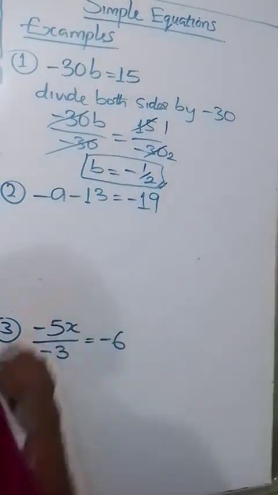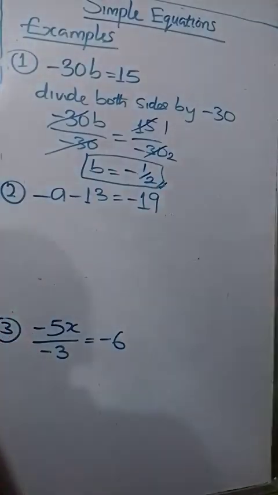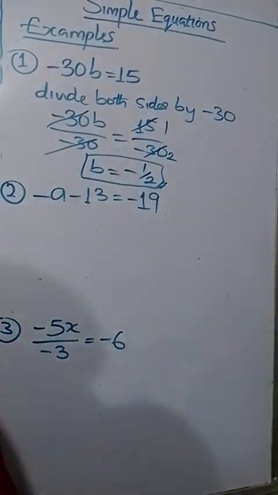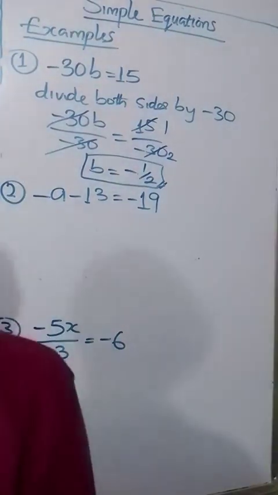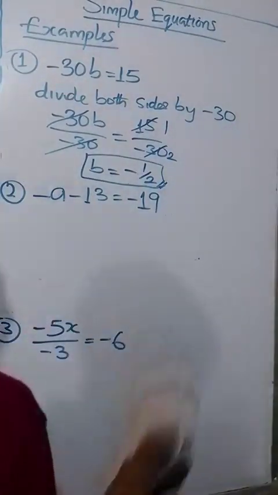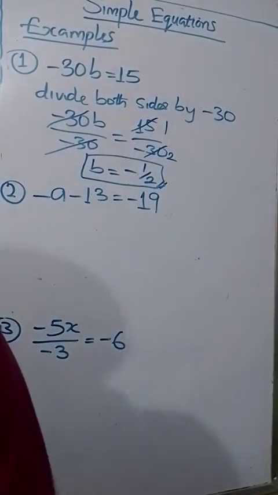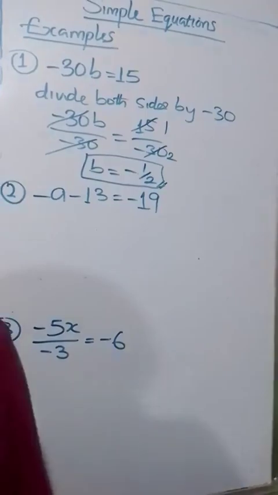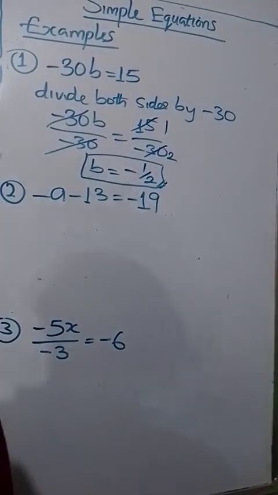The first one is collect the like terms, to cross multiply, to divide both sides by a particular number, to find the LCM, or to open the bracket. So those are the 5 things to solve in algebra.